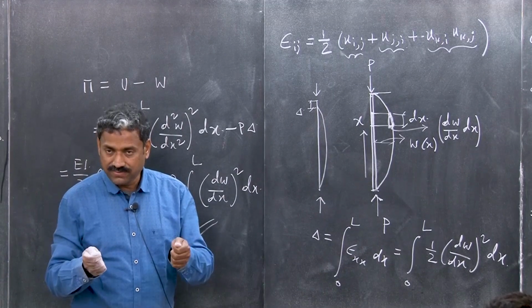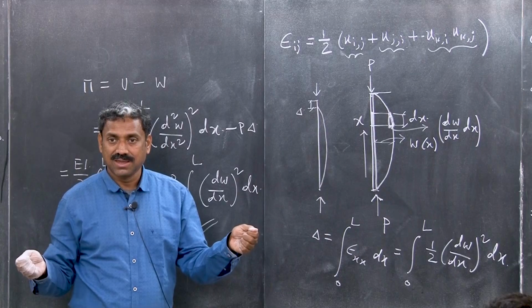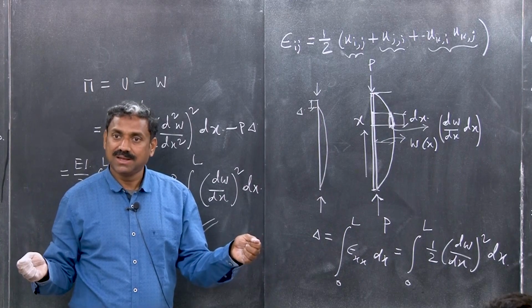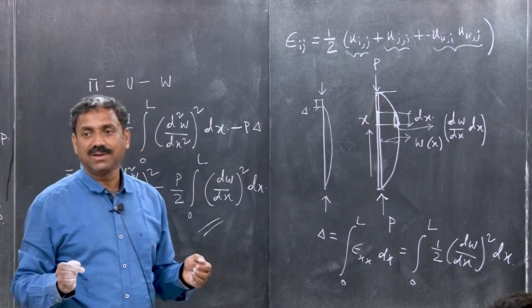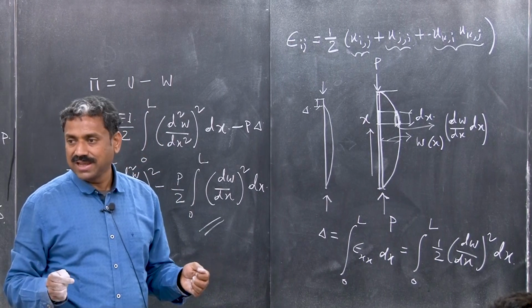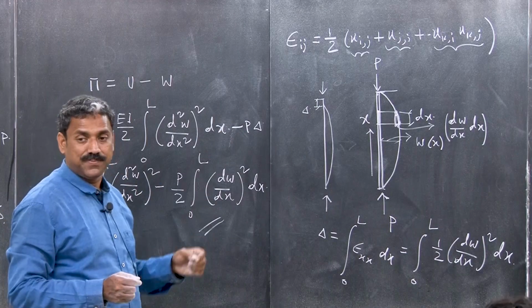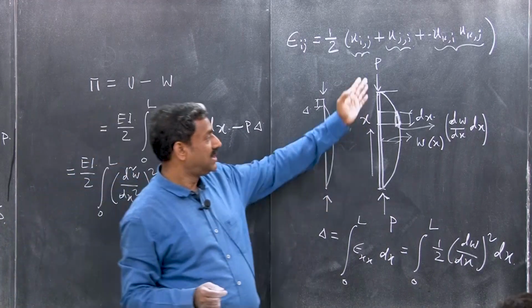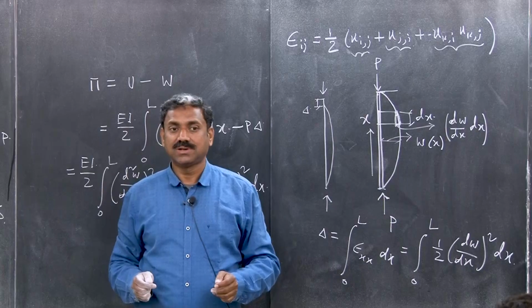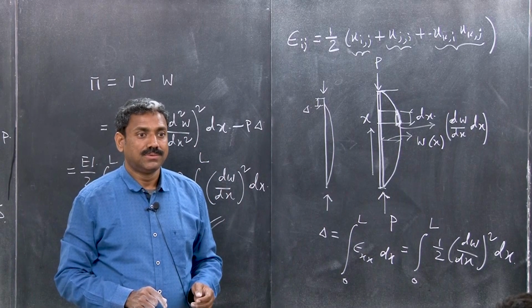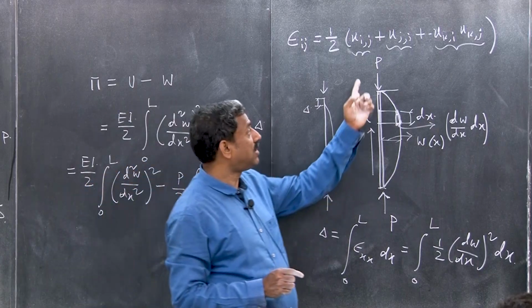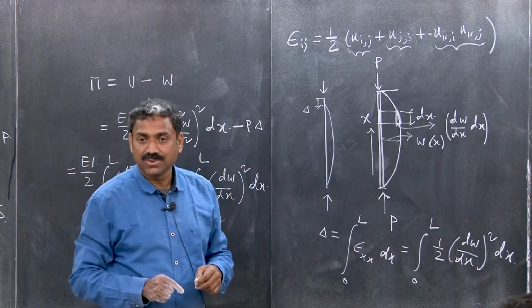We know if there is extension of this bar, strain is nothing but change in length by initial length. But here the change in length is along the x direction, while the deflection is along w. So, in order to capture that, you have to consider higher order nonlinear terms. That is why the strain becomes nonlinear.